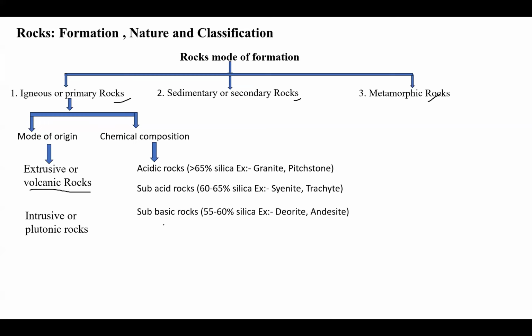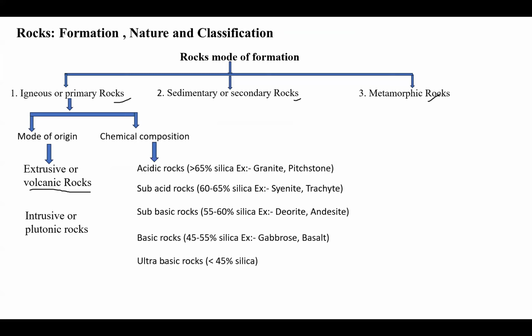Then subbasic rocks, consisting of 50 to 60% silica, like diorite and andesite, followed by basic rocks, consisting of 45 to 55% silica, for example gabbro and basalt. Followed by the ultrabasic rocks, consisting of less than 45% silica.